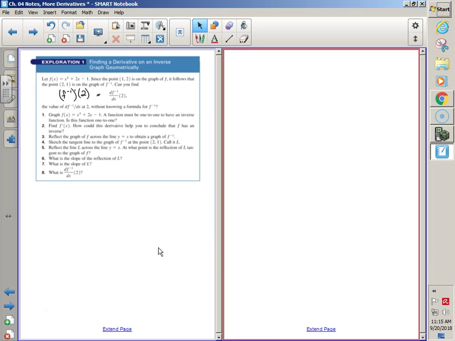I don't think you'd be able to, but you could sketch it on your notes. Because you just... Guys, how do you reflect an inverse? It's across... Oh, they already tell you. Draw the y equals x line and then flip it piece by piece.